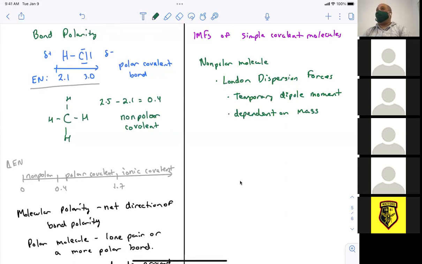So the greater the mass of the molecule, the stronger the LDF forces. The best proof of that trend is going from fluorine, which is a gas, to chlorine, which is a gas, to bromine, which is a liquid, and then iodine is a solid. So within that group 17, the halogens become more solid as they go down because their masses are larger. So that tells you that you have a stronger LDF attraction forces.